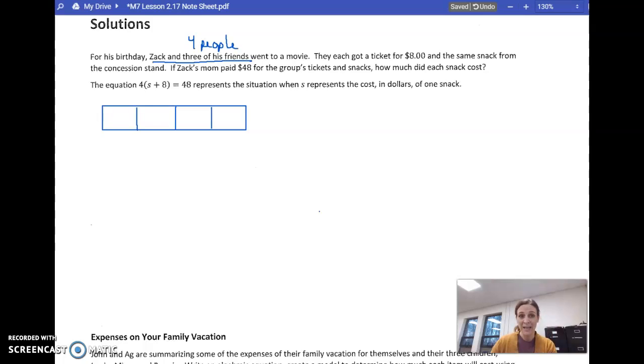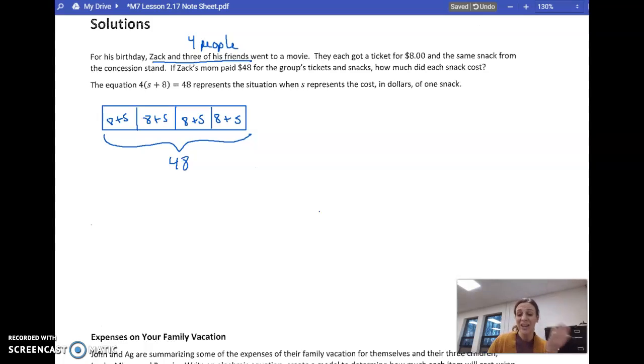And each one of them, Zach and his 3 friends, got a ticket for $8, plus they got a snack. Friend 2, friend 3, and friend 4. S represents snack for me. And we know that all together it would cost $48.